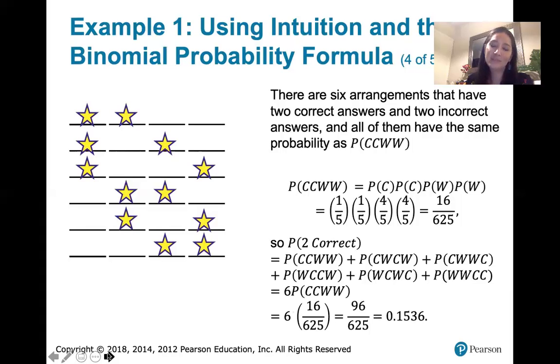So this is saying if you have 4 questions and you want to know the probability that 2 of those would be guessed correctly and 2 incorrectly if you're guessing the whole time, you have a 15.36% chance of getting 2 out of 4 correct just by guessing.